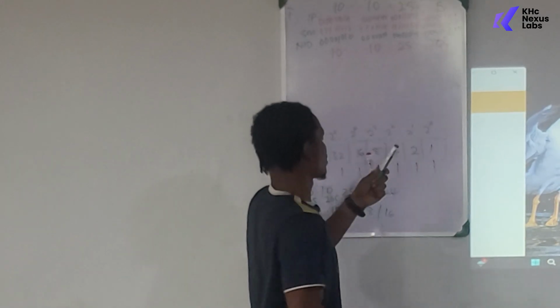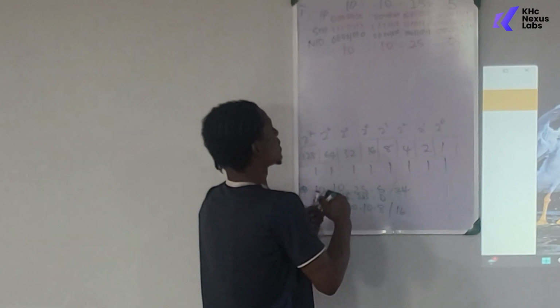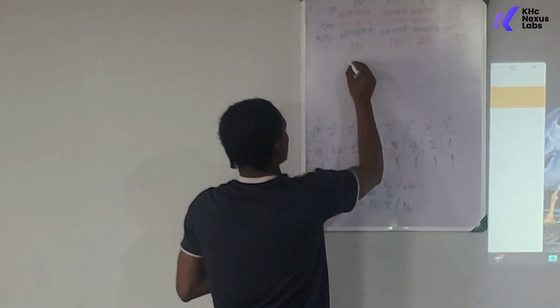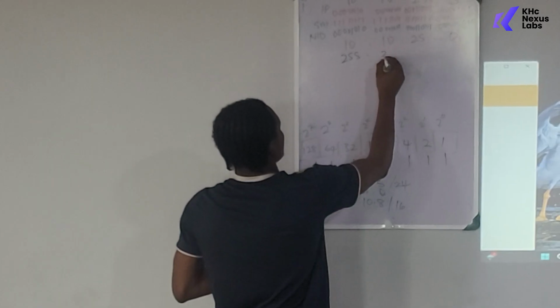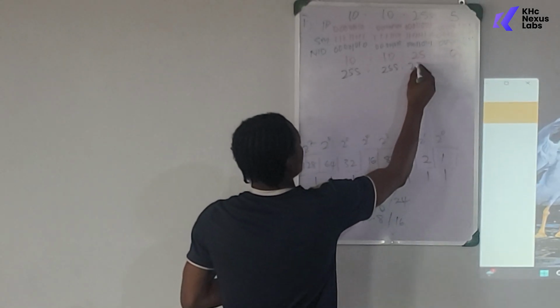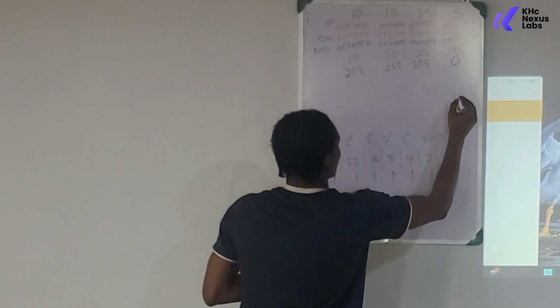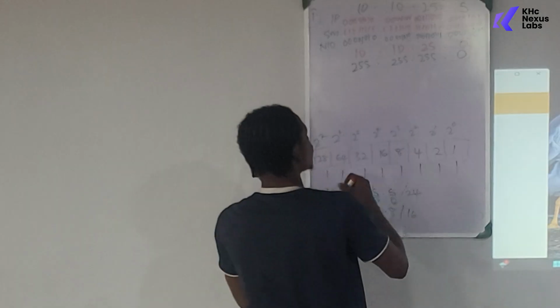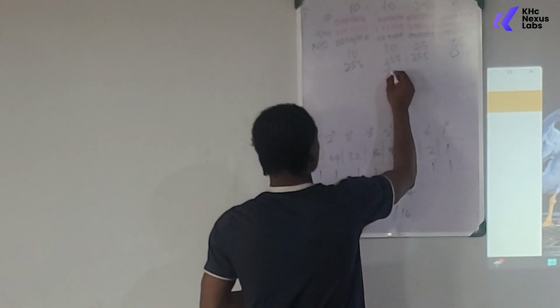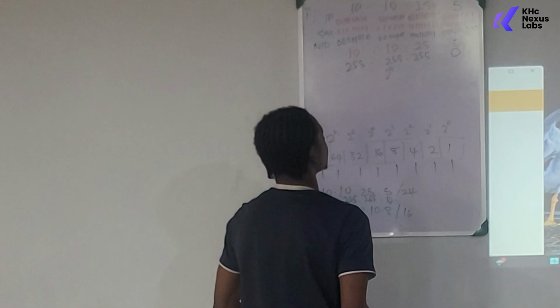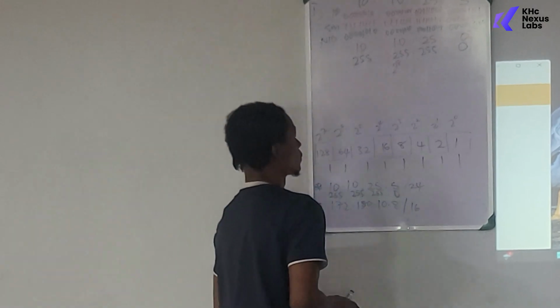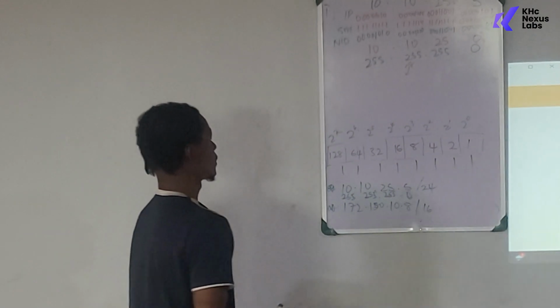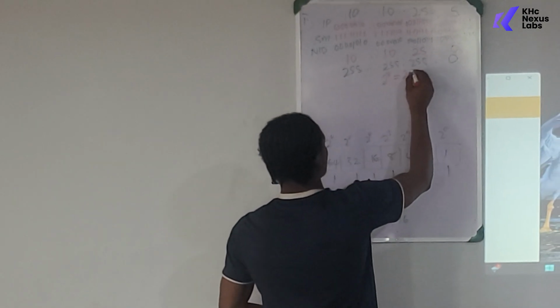So imagine here that this is still 255, 255, 255, 0, right? 2 raised to power 8 is what? 256.